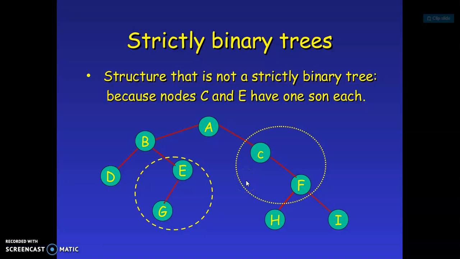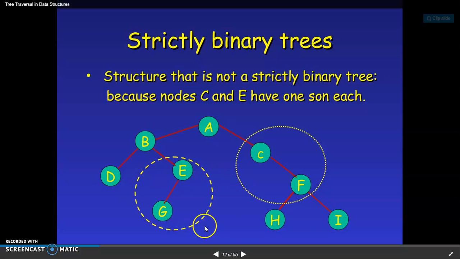Then only we can call it a strictly binary tree. Whenever you substitute 4 leaf nodes in 2n minus 1, we need to get 7, but here I am getting 9 nodes. So it is not a strictly binary tree.